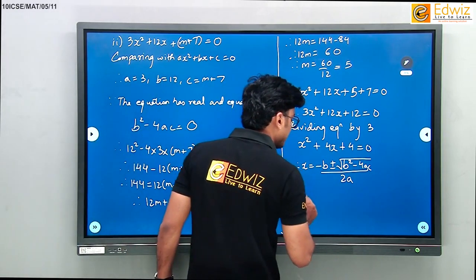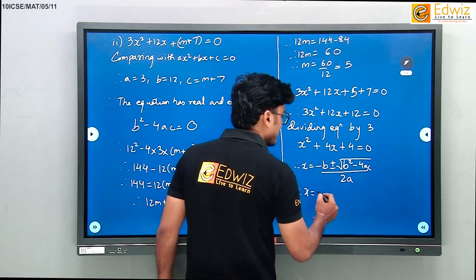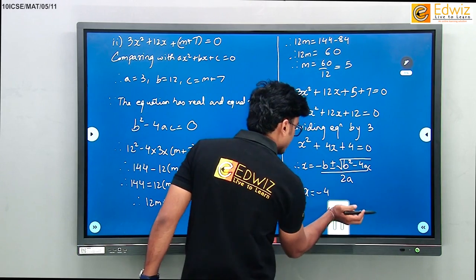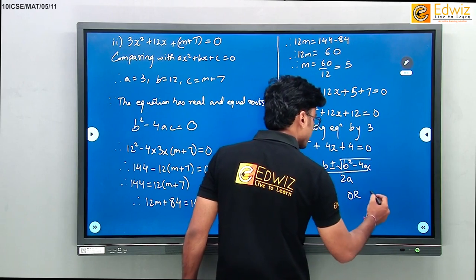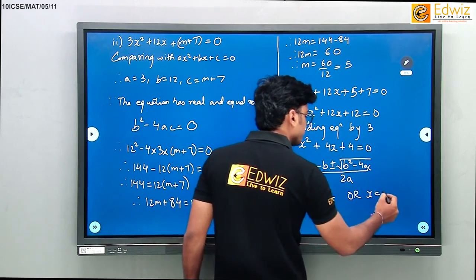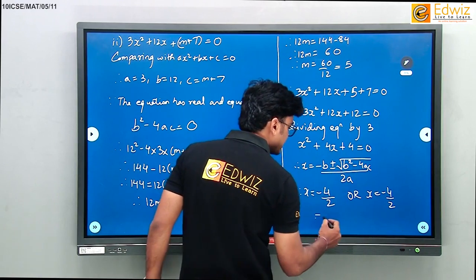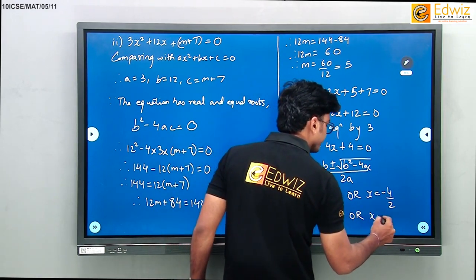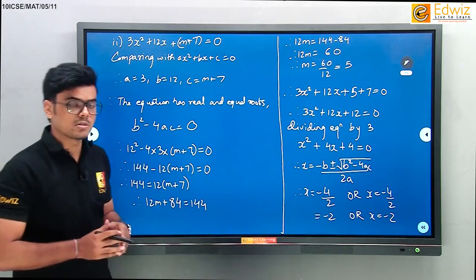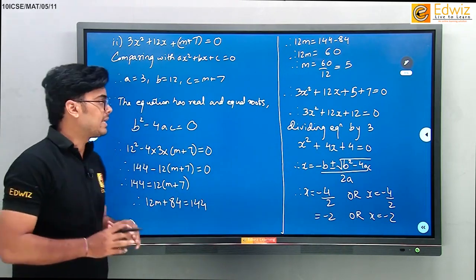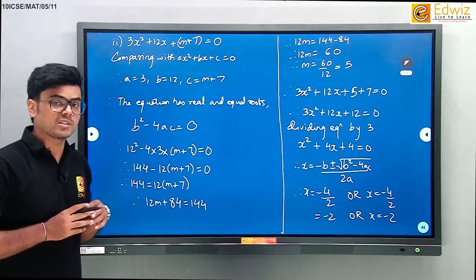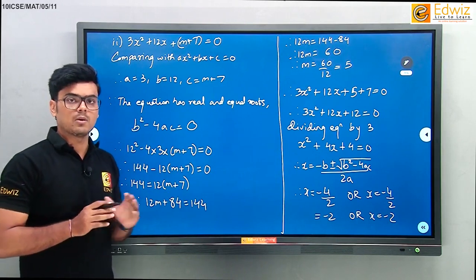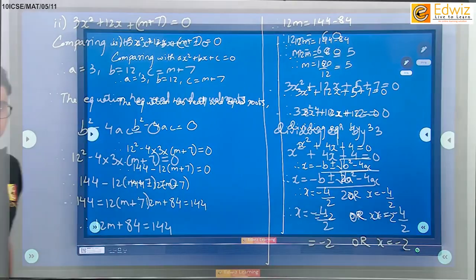So x के दोनों values जो है it will be minus 4 upon 2 into a, that is 2 into 1. और same second value भी वही होगा, minus 4 upon 2. That means the answer is minus 2 or minus 2. As you can see, real and equal roots. So both the values are same. In each and every question of this sort, you will get the roots equal. So this is the second sub question solved. I'll give you 1 minute to note this down. Then we'll move on to the next question.